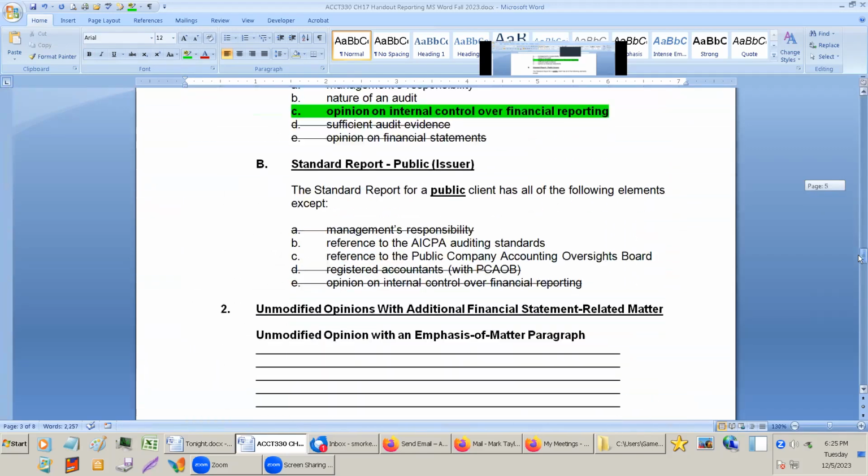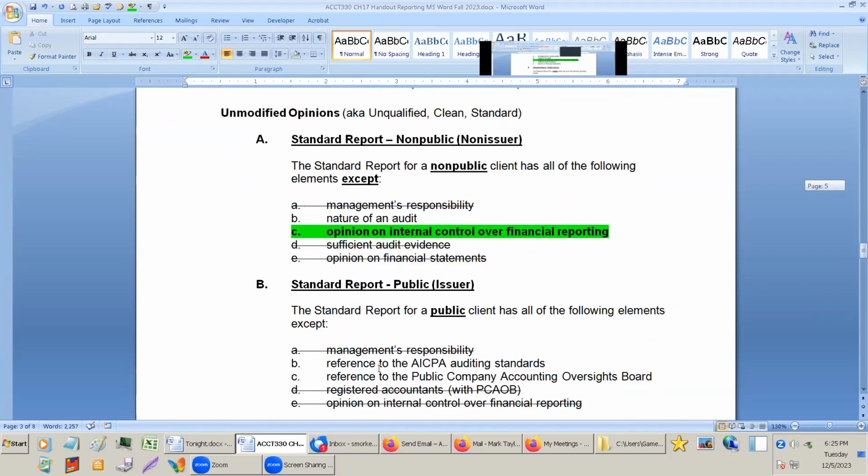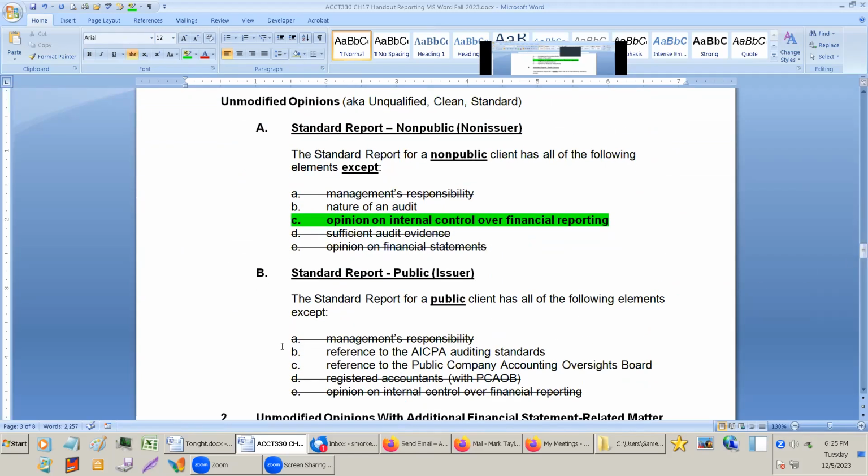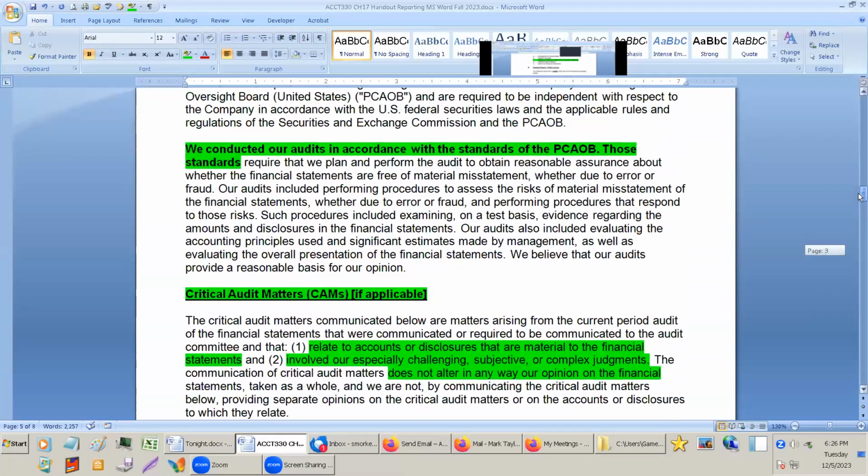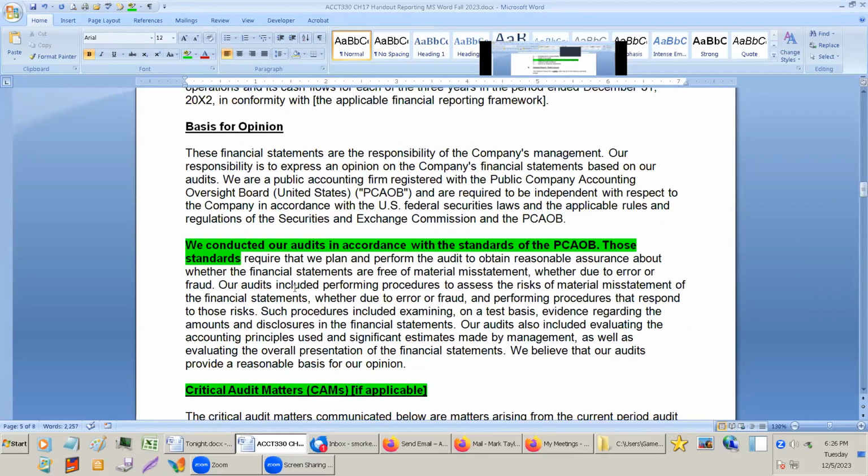All right. Well, I just gave it away. So the PCAOB standards are on there. What is not on there is this one. They do reference the PCAOB. The AICPA standards they don't use. They use the PCAOB standards. And so you see the basis for our opinion. We conduct our audits with PCAOB standards.